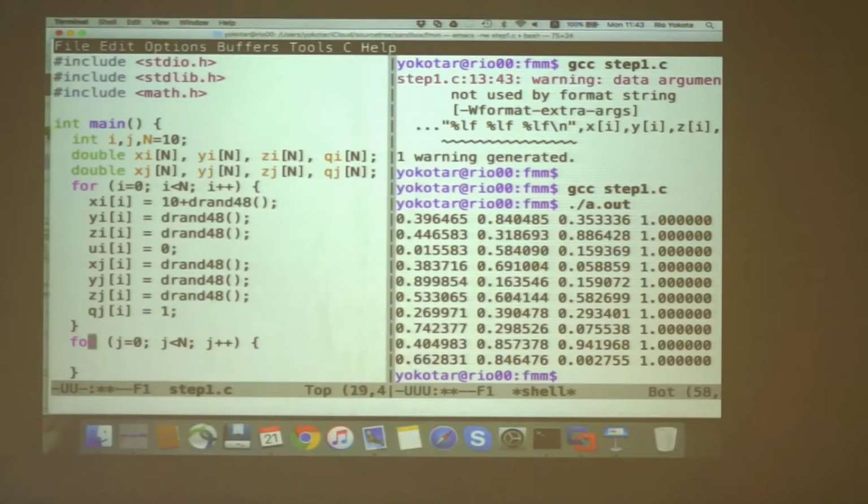I'm going to create a new point, xj prime, yj prime, zj prime, qj prime, and also the xi.